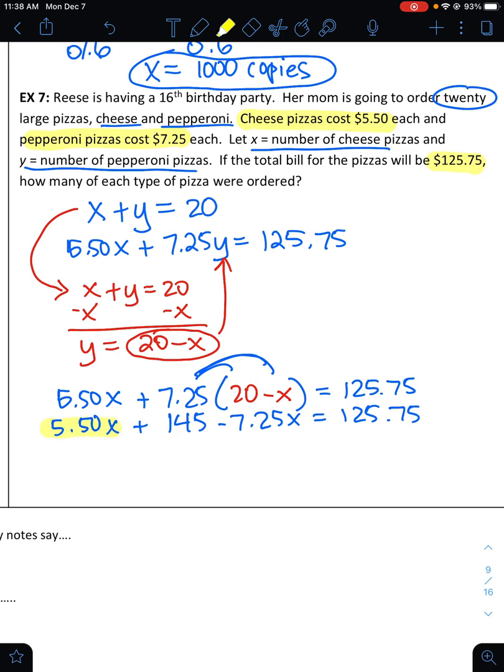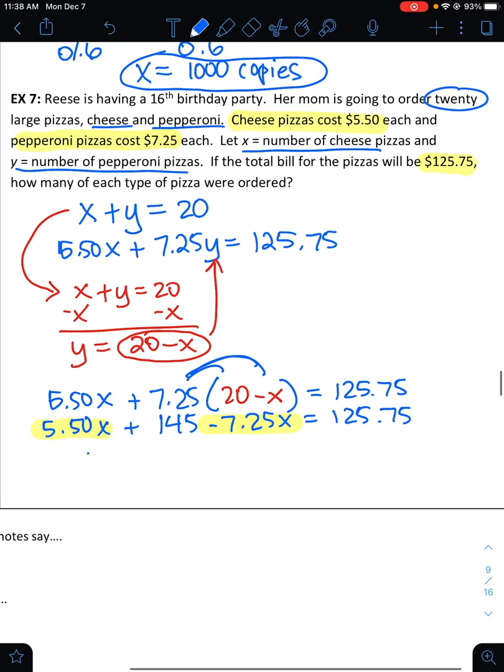I can combine like terms here. So 5.5 minus 7.25 gives me negative 1.75. And then write the rest of the problem down. Plus 145 is equal to 125.75.